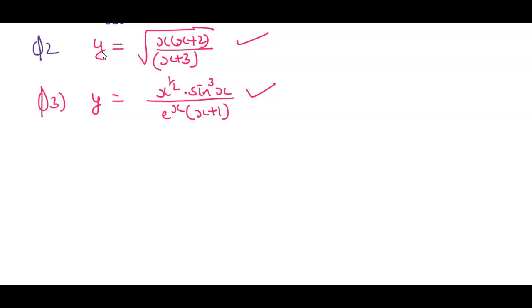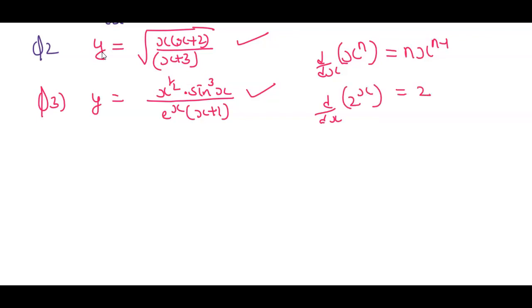Moving on further, I know the formula for the derivative of x to the power n, which is variable to the power constant, is n into x to the power n minus 1. I know the formula of 2 to the power x, which is a to the power x type.